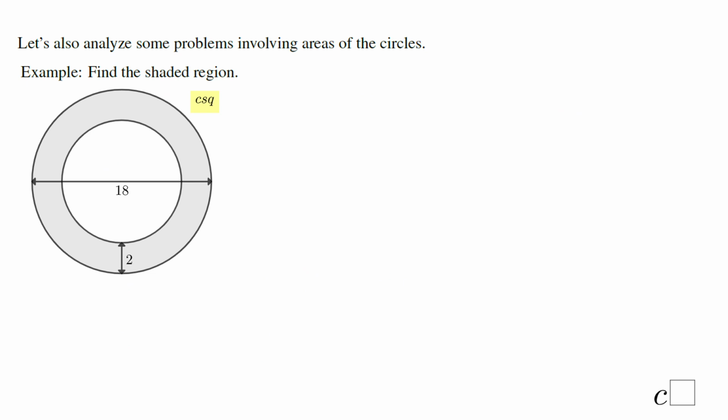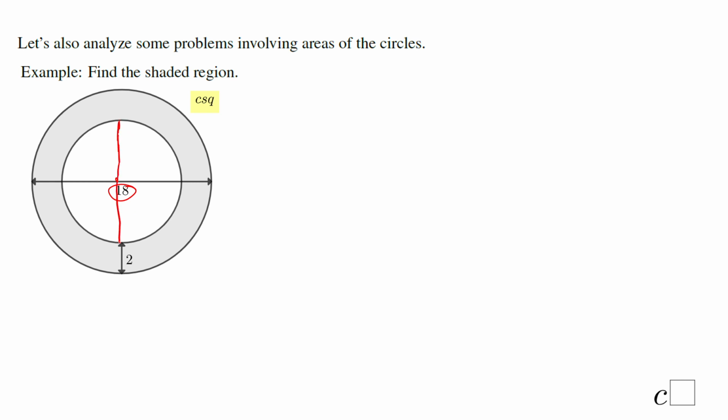Now we're gonna look at a problem involving the area of a circle. You notice we have two concentric circles. They have the same center. It's somewhere here. One is small, one in the middle, and the other one is large. We can see, in fact, this 18. This 18 is the diameter of the largest circle. Well, the first thing I want to do is find the diameter of this small circle.